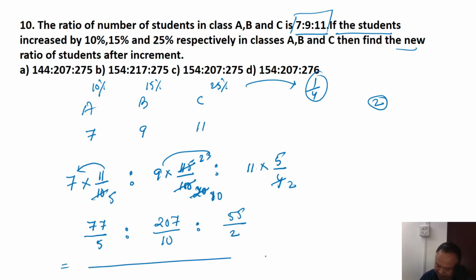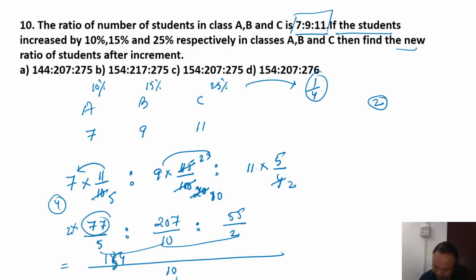LCM lower, divide 10 by 5, 2 is 10, then multiply 2 by 7 is 14.